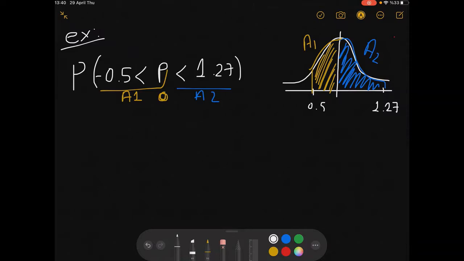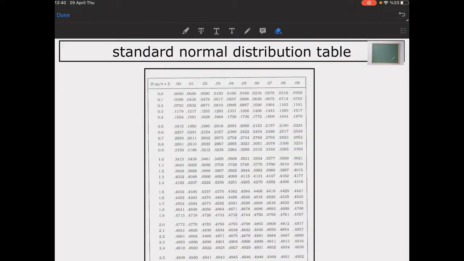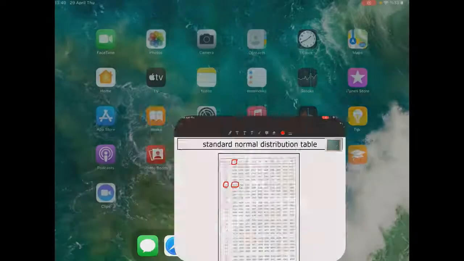Okay, so what are their corresponding numbers here for 0.5 and 1.27? For 0.5, it is pretty obvious right here. It is 0.1915.